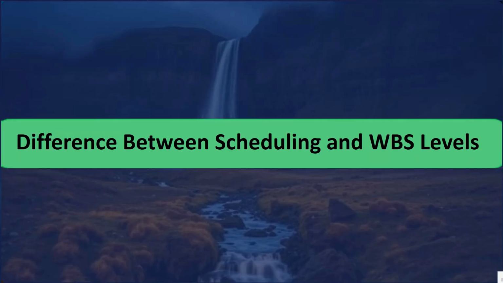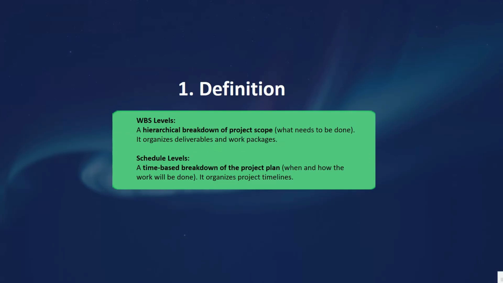After that, we have the difference between scheduling and WBS levels. I have just tried to differentiate between the scheduling and WBS levels. So let's start from the definition. WBS levels are a hierarchical breakdown of the project scope, what needs to be done, and they organize the deliverables and work packages. Then scheduling levels are a time-based breakdown of the project plan, when and how the work will be done.